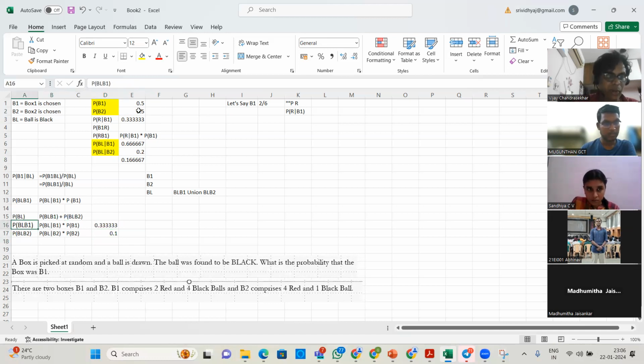So if you look at the formula, what was the formula? The formula was this. The numerator was this.